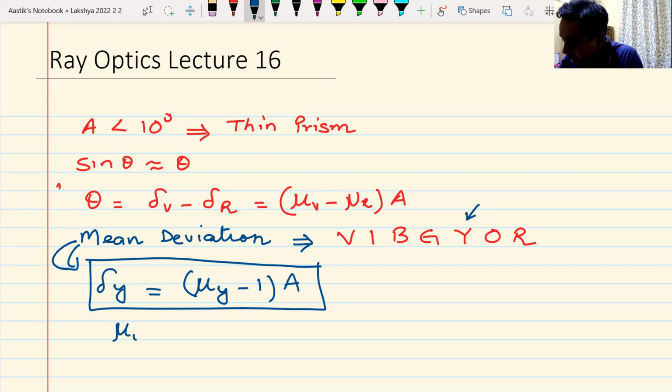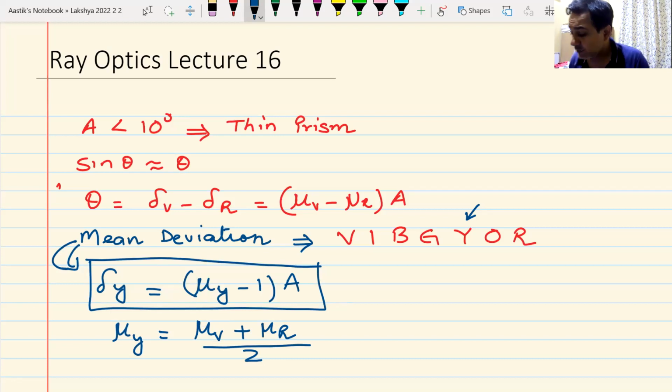If mu yellow is not given to you, you can take mu yellow as mu violet plus mu red divided by 2. As I told you, the refractive index of yellow lies exactly in between, very close to the center, between the violet and red.